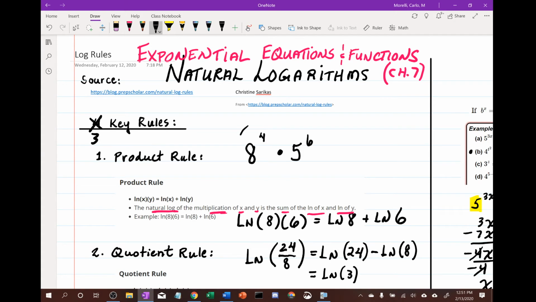Okay, now put these in parentheses. And then to the left of it, I want you to write ln, just like that. Now, let's go find out what that is before we learn about the product rule.